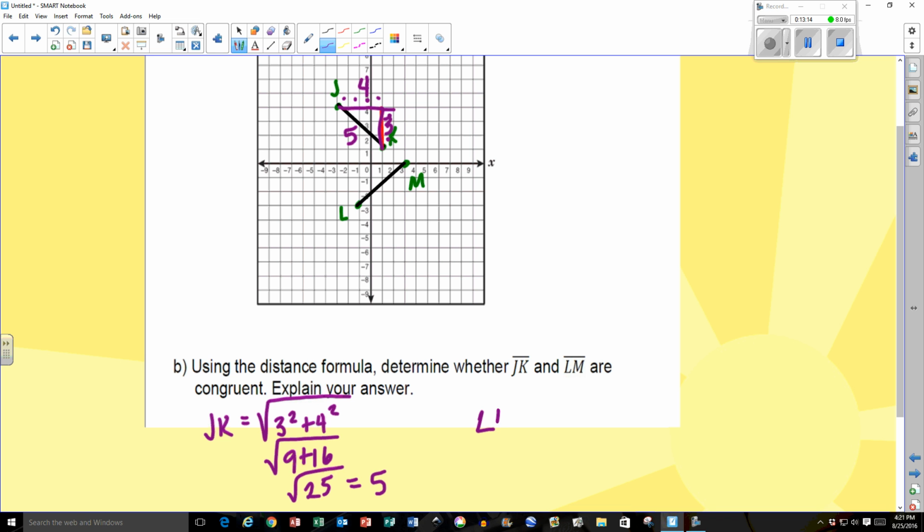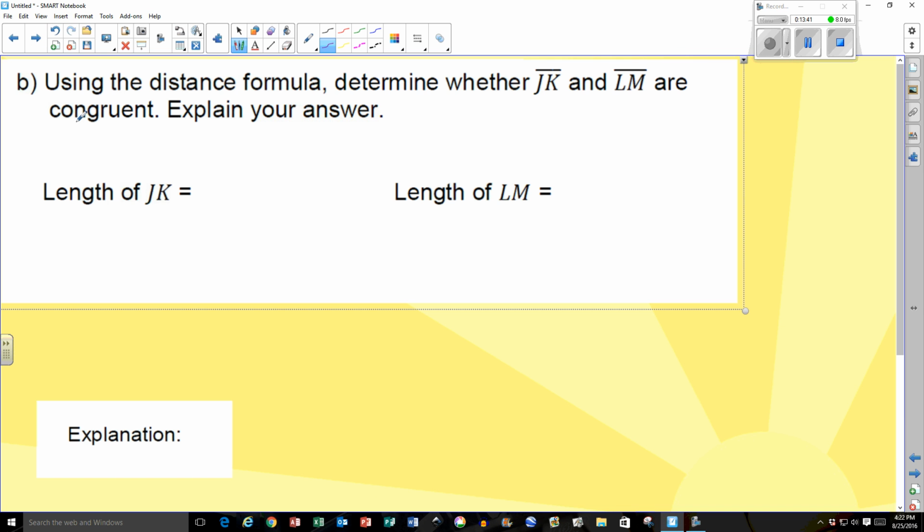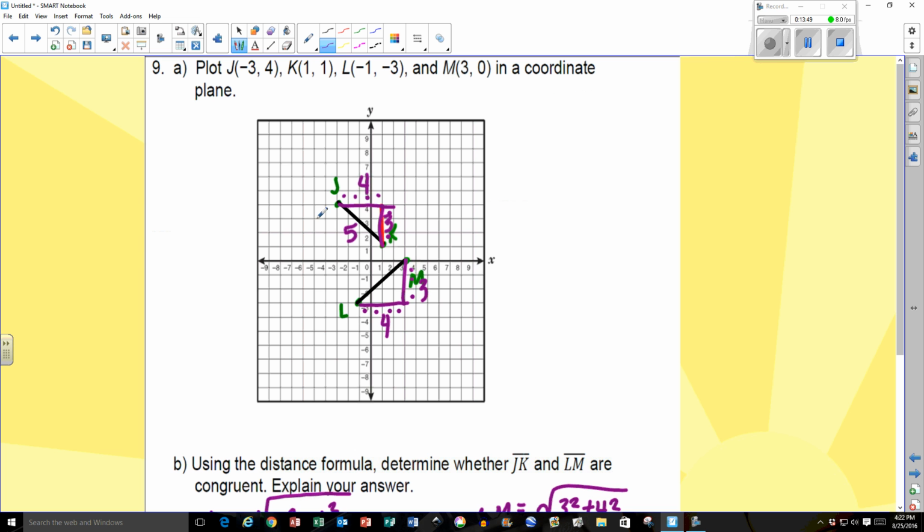And to do the same thing with LM, just draw my little right triangle on here. So I get 1, 2, 3, 4. So this is 4. 1, 2, 3. So this one is 3. So again, I've got 3 squared plus 4 squared. 9 plus 16 is 25. And the square root of 25 is 5. So then that would be my explanation. The length of this and the length of that would be what I just did down here.